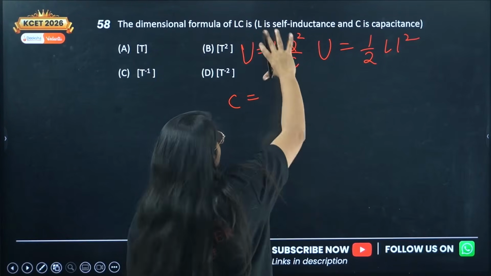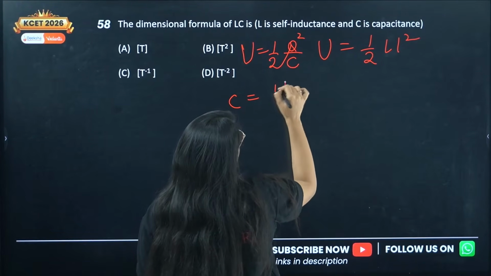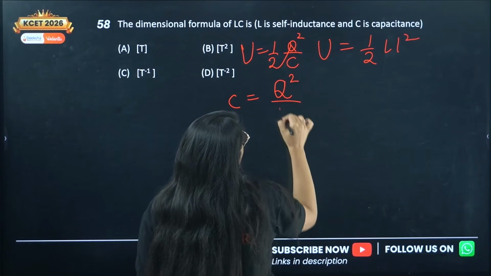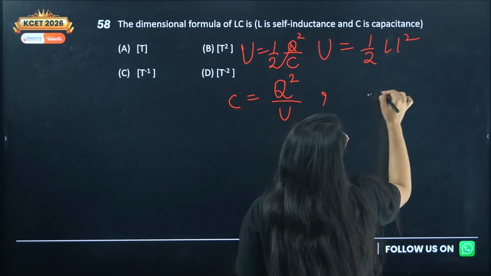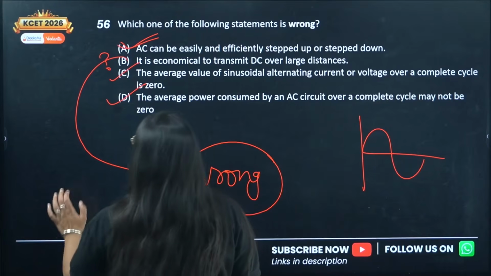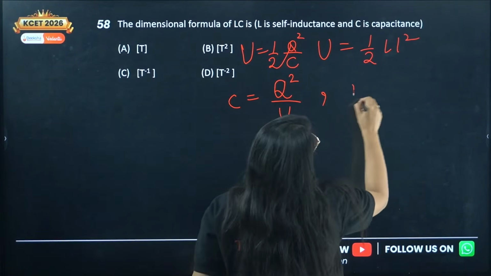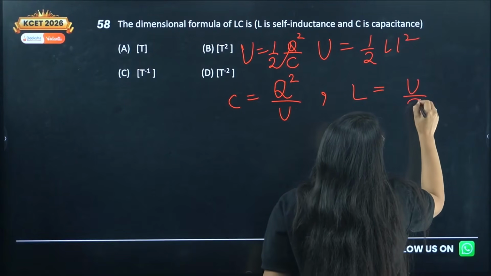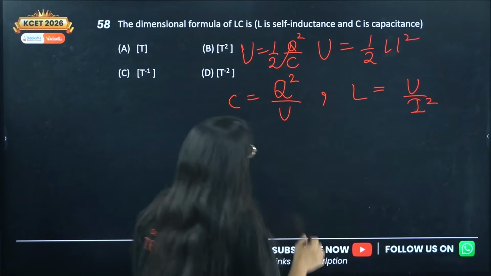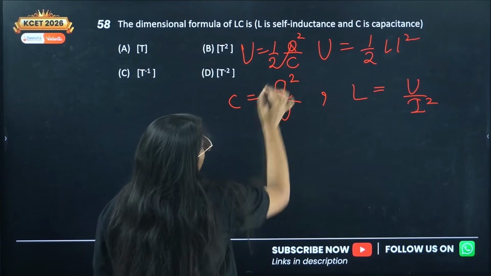Just for dimensions, I'm ignoring the half part. For C, you can get Q square divided by U, and for L, you can get U by I square. Correct? Now write the dimensions of all this.